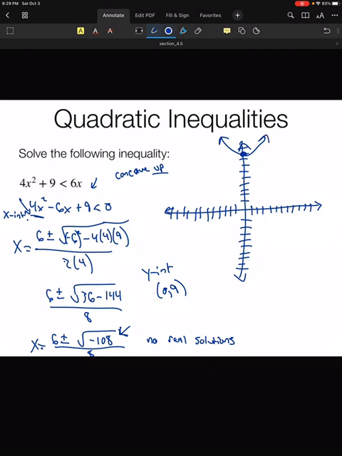Hence why there are no x-intercepts, because it never crosses the x-axis. So the answer to when is this function here, I'll circle it in red, when is this less than 0? It's never less than 0.